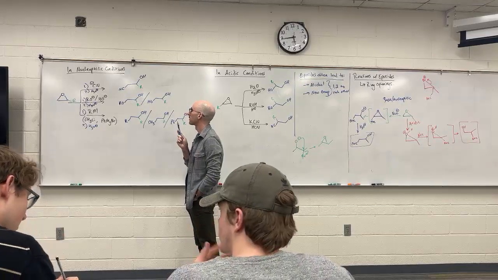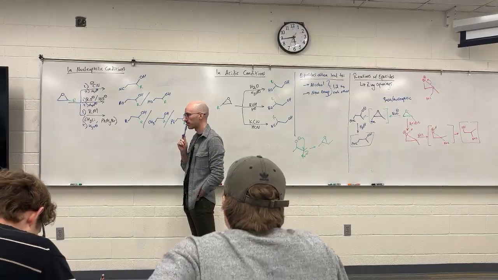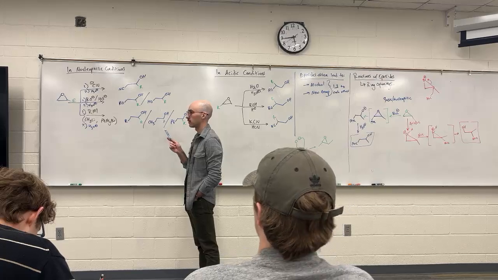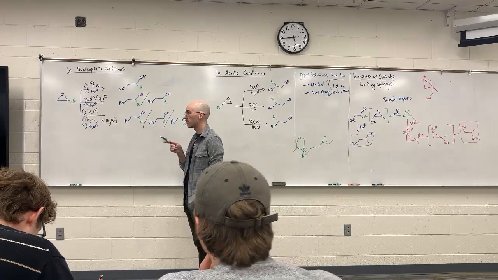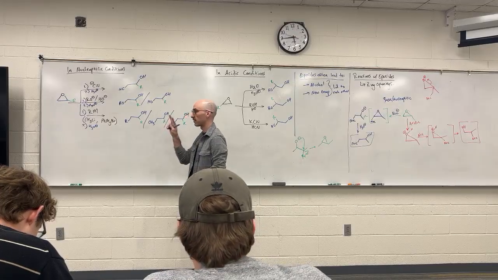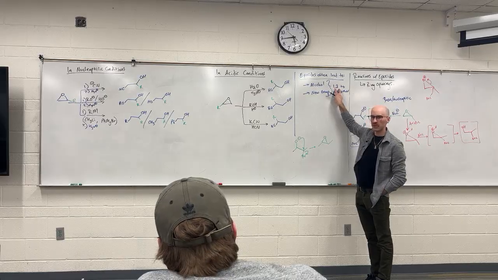But what about this? Your final product, does it have an alcohol? Yes. And does it have a new group vicinal to the alcohol? Yes. What's vicinal, Peyton? Next to. Good. 1, 2. Why didn't I put vicinal on the board?